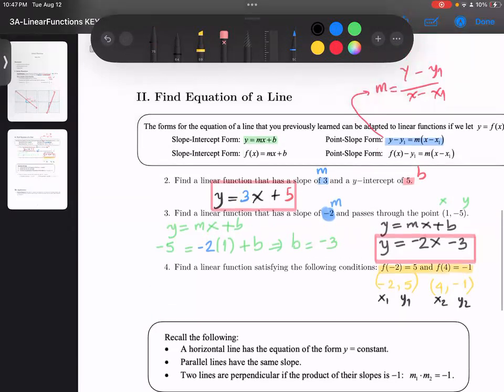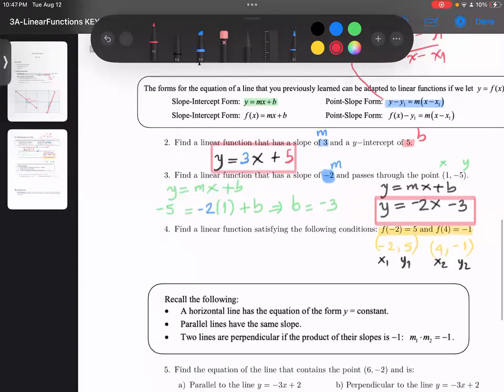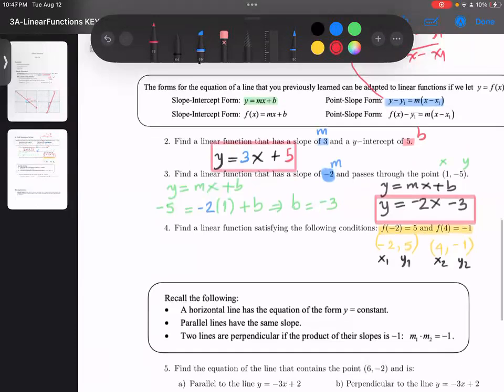When they give you points, you're going to use point-slope form, because you need that to find the slope. First things first, I need a slope. In order to find the equation of a line, I need slope and y-intercept.